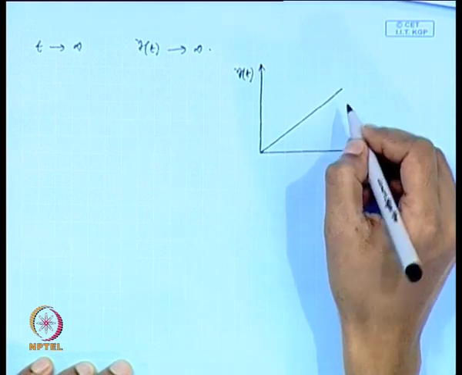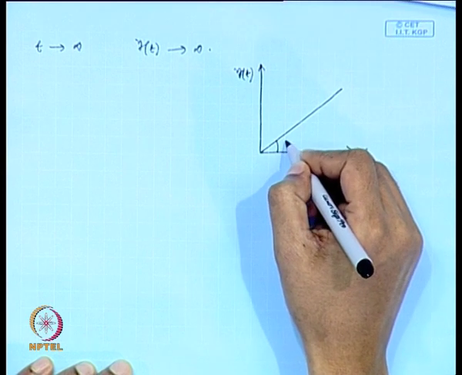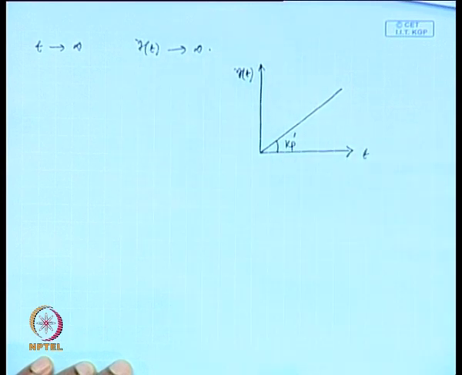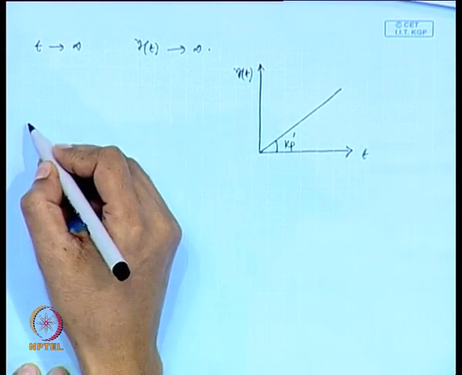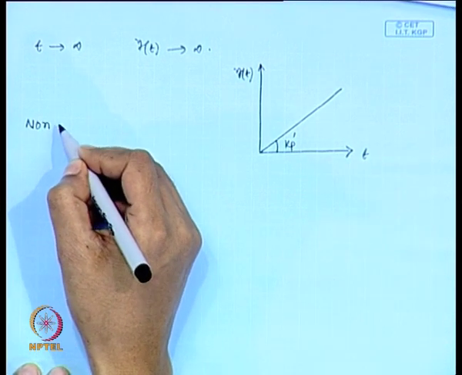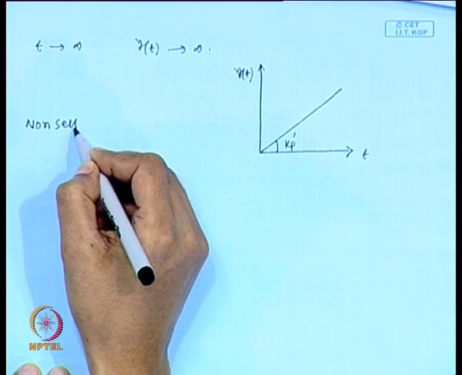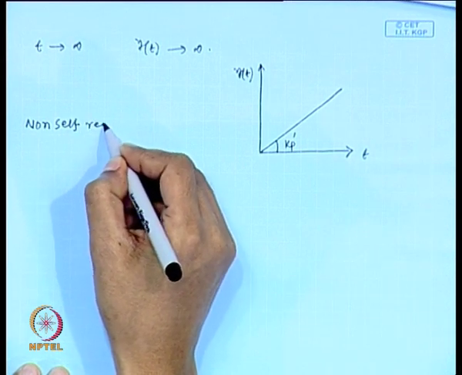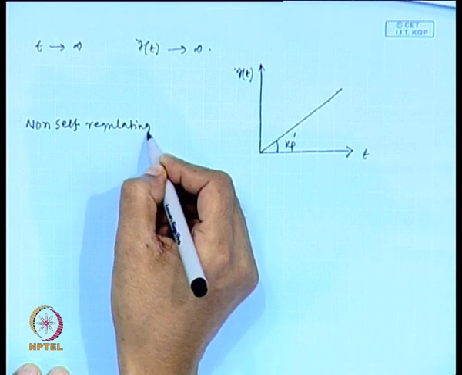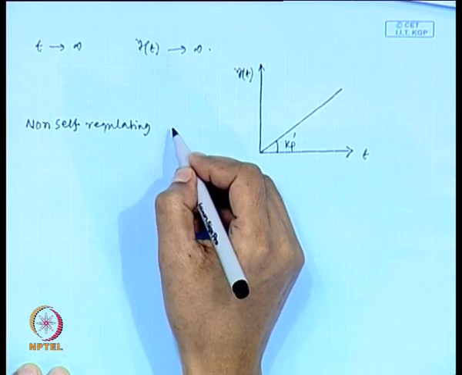This is the output and slope is K_p prime. This type of processes are called non-self regulating systems.